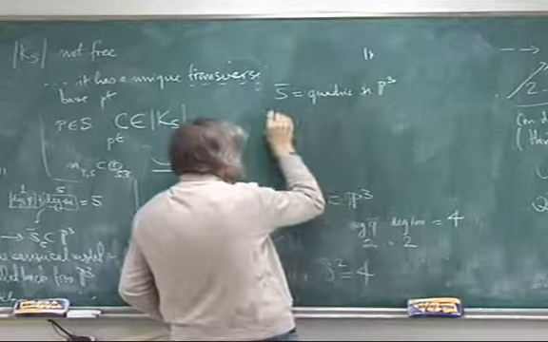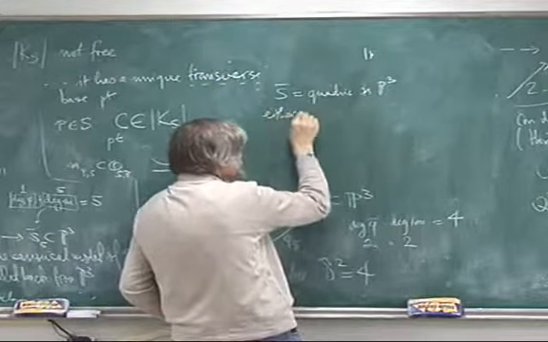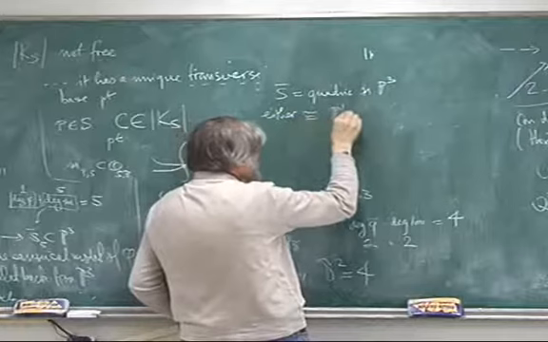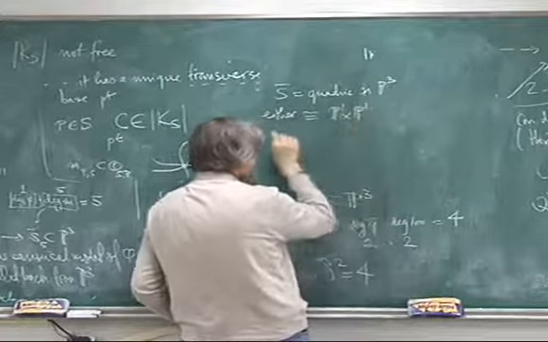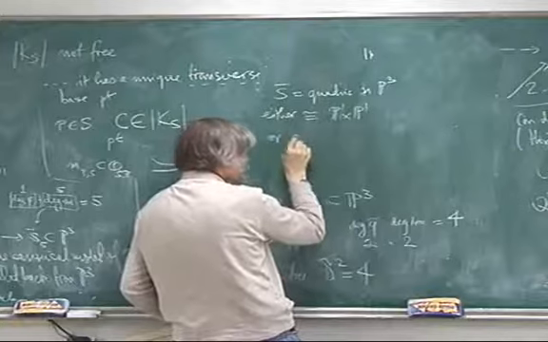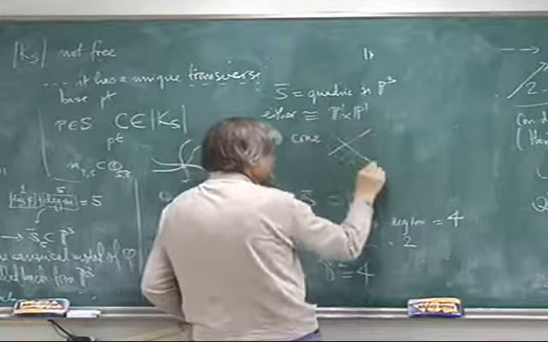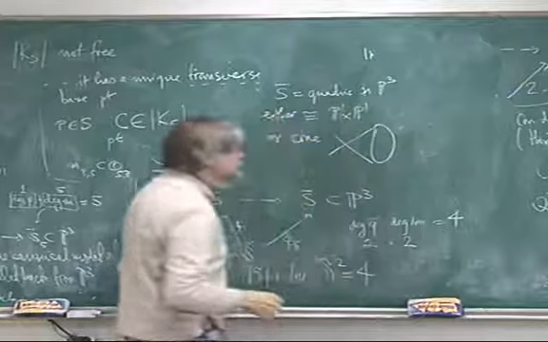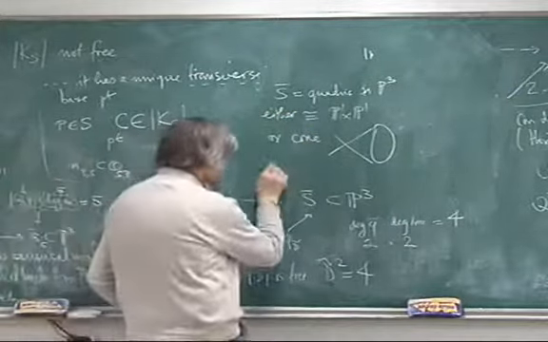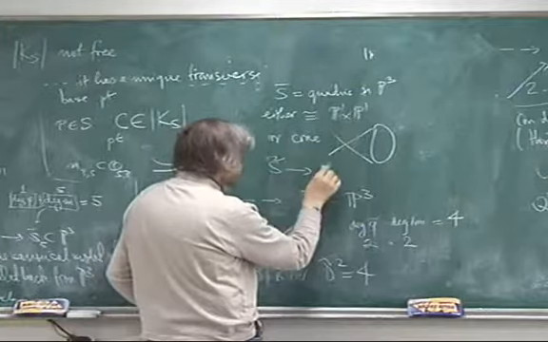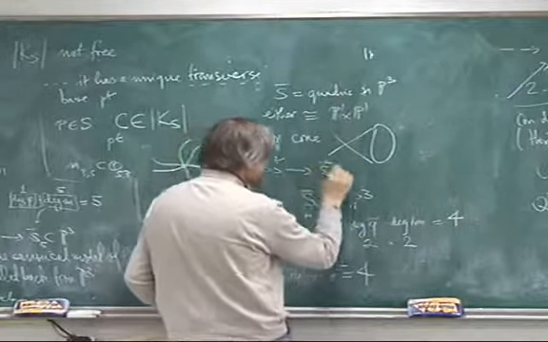So it's either isomorphic to P1 cross P1 in its Veronese embedding, or it's a cone, right, and S twiddle to S bar is 2 to 1.